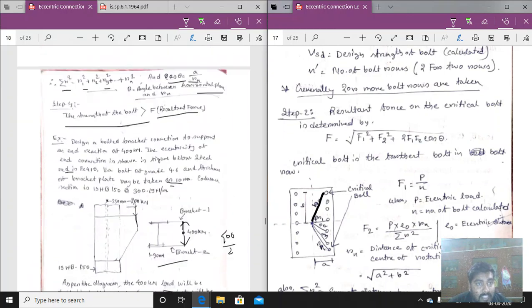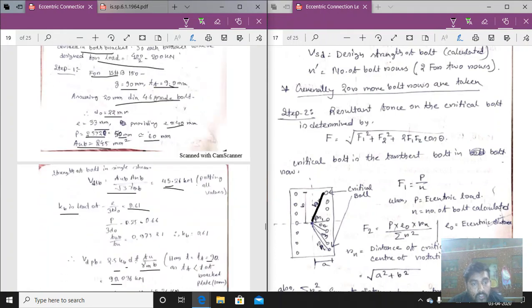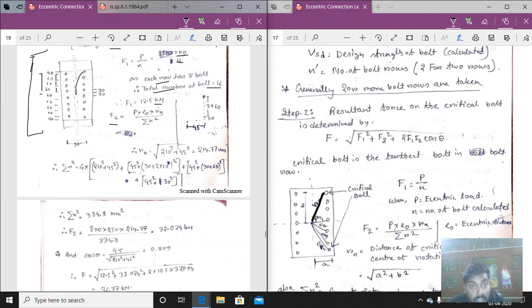Now in the math it is given that the distance equals 90 mm. So from here to here it will be 45. Okay, so value of A equals 45. It is shown here also. Value of B, from here to here, is 60, 60 and 60, that is 3 into 60.